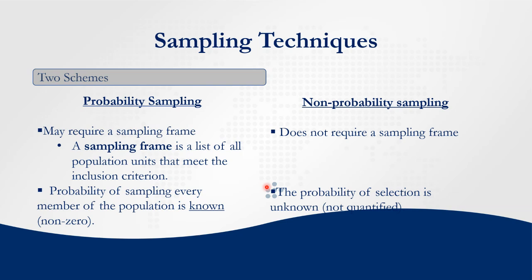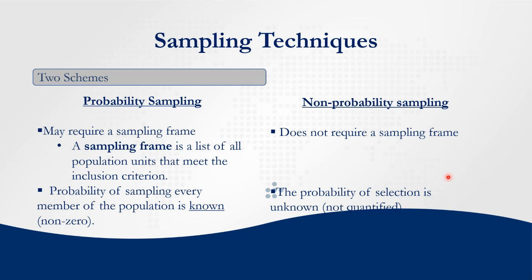With some approaches, if you have all the students from University of Pretoria, Sefako Makgatho, and TUT, they will have an equal chance. That's if you use certain approaches. With other approaches, they don't have an equal chance of being selected.